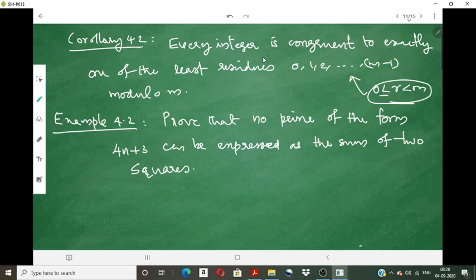So we need to prove that there is no prime of the form 4n plus 3 which can be expressed as the sum of two squares.